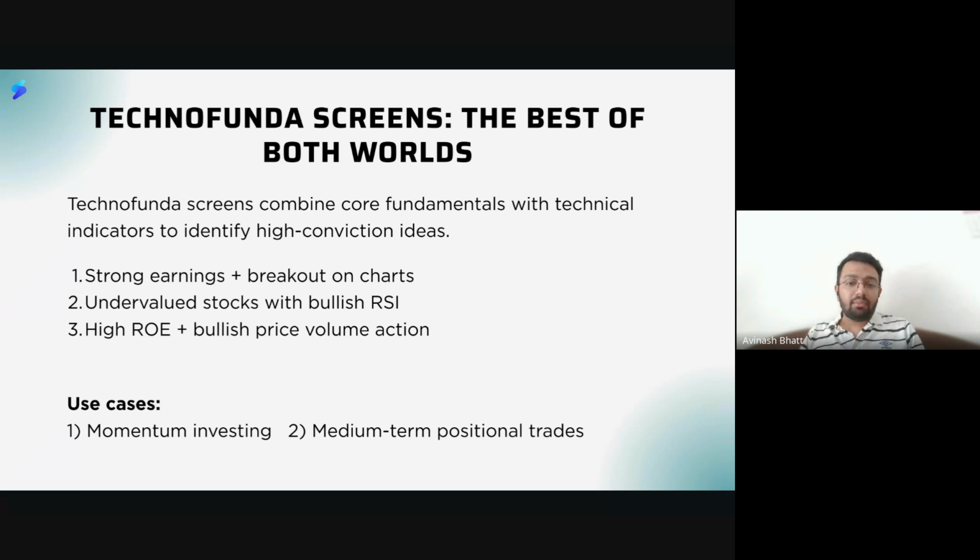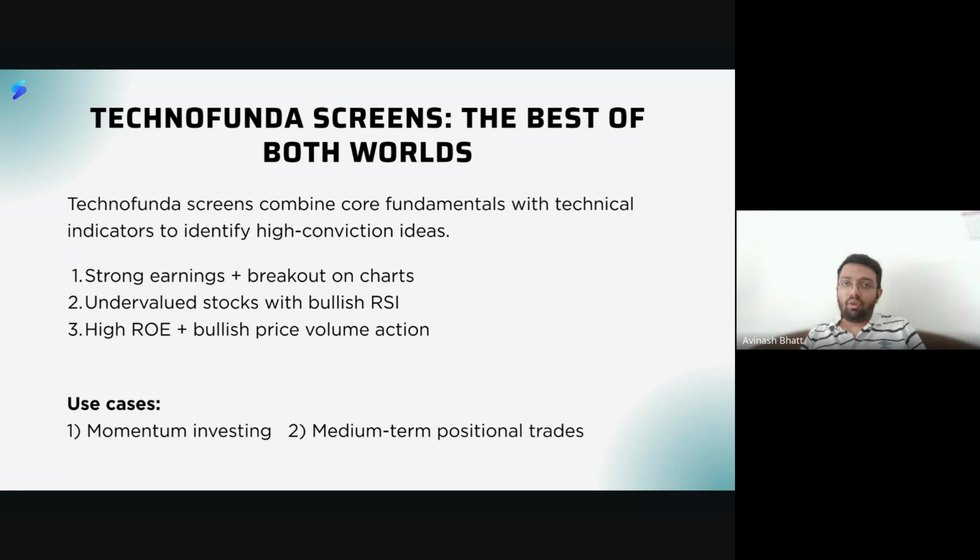Then a third example can be, let's say you are focusing on high quality plus bullish price volume action. So you first focus on business analysis and then check conditions like if the stock is trading near highs or not, right? And the ideal use case for this type of screen is momentum investing.